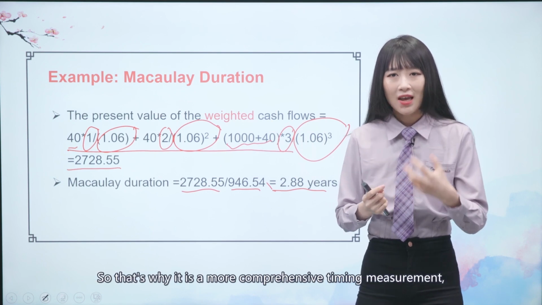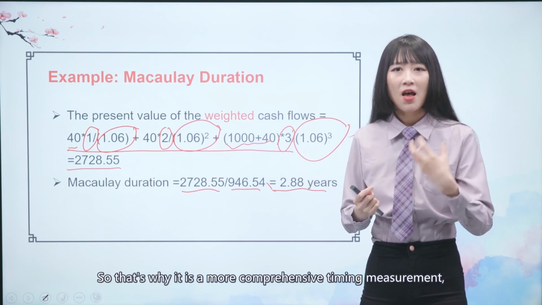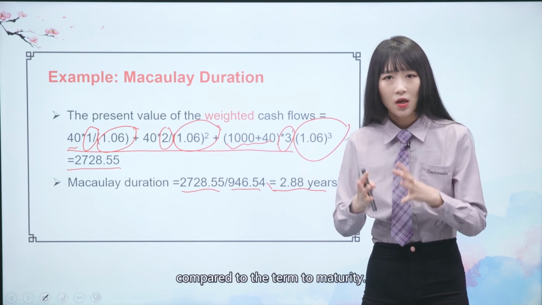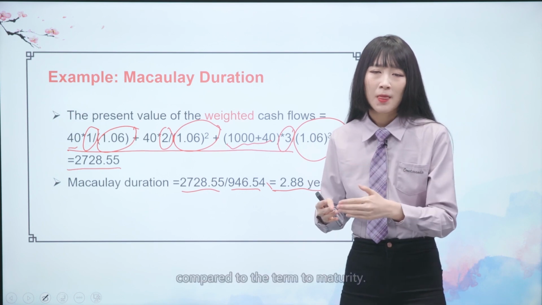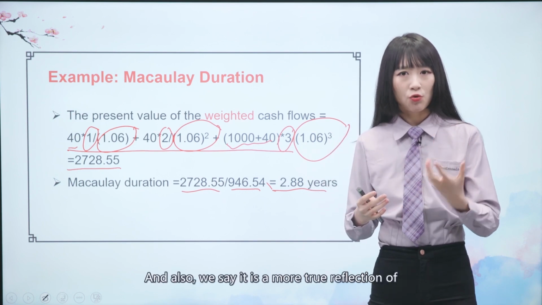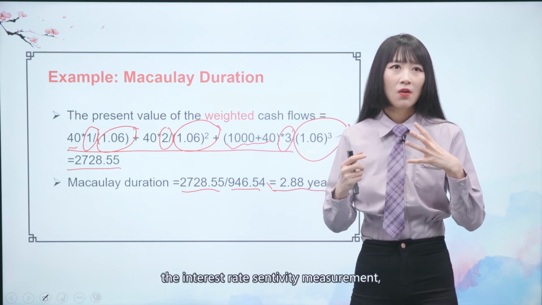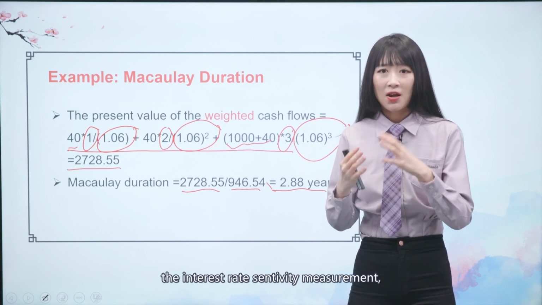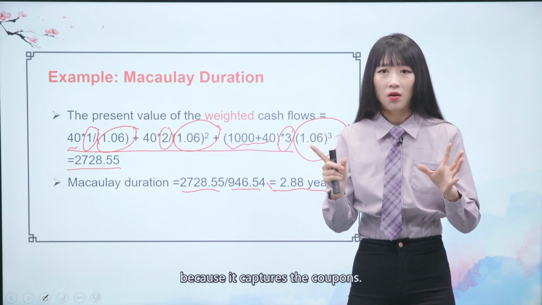So that's why it is a more comprehensive timing measurement compared to the term to maturity. And we also say it is a more true reflection of interest rate sensitivity because it captures the coupons.